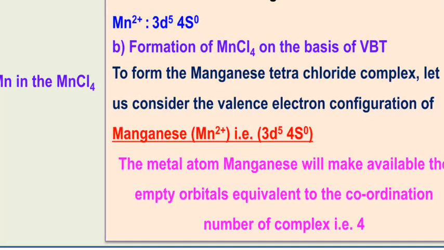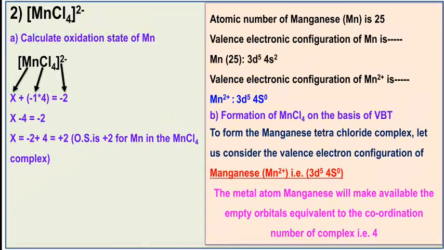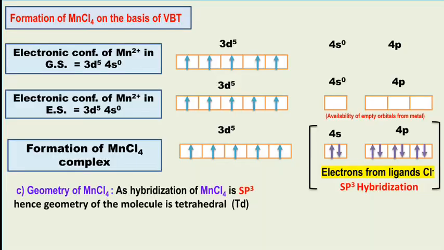Here you can see that the 4 monodentate chloroligands are attached to the manganese, and hence the coordination number of this complex is also 4. So the metal, manganese, in this complex will empty the next higher energy orbitals. It will evacuate these 4 orbitals so that the chloroligands can donate the lone pair of electrons into these empty orbitals. So this is the formation of MnCl4 on the basis of valence bond theory.